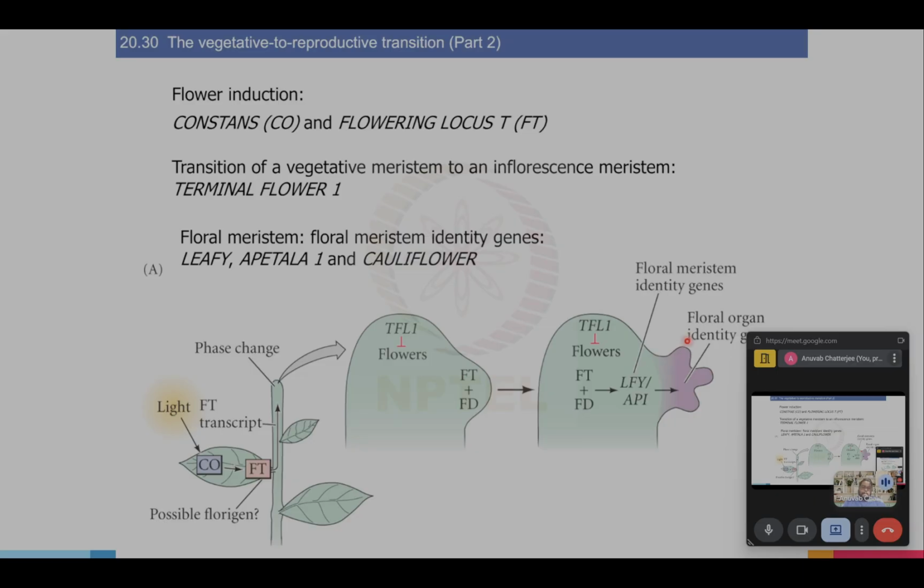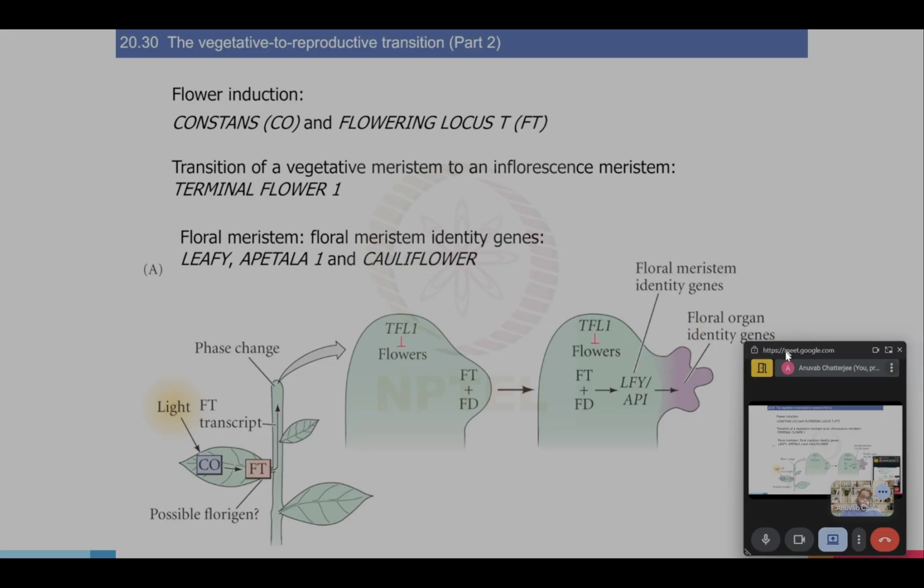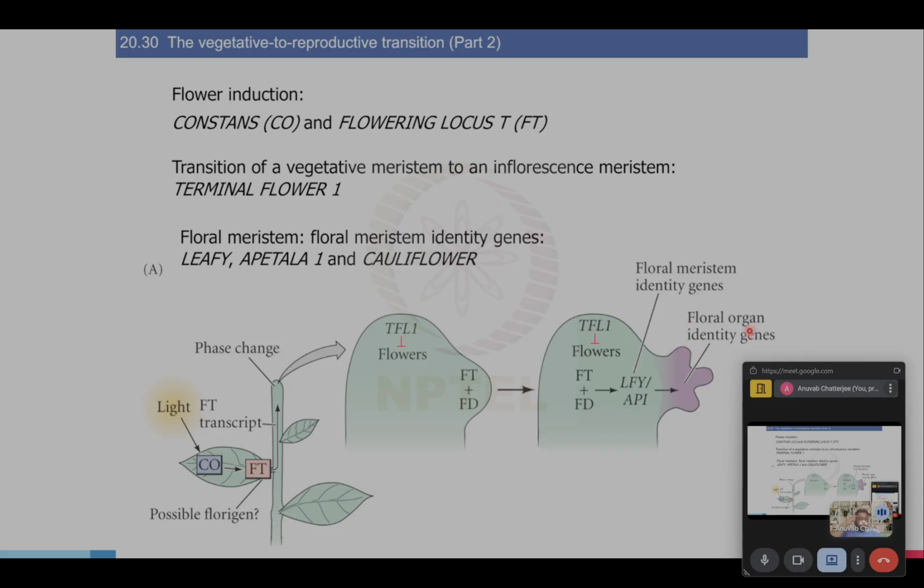After that we have the floral organ identity genes, which will actually form the flower. Where the floral meristem is formed is determined by the floral meristem identity genes, which are leafy, apetala 1, or cauliflower.